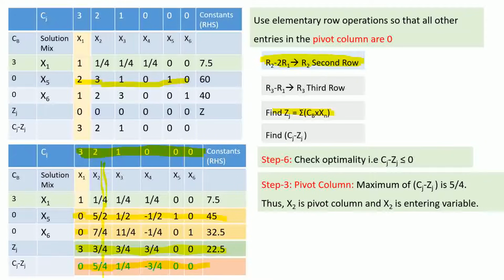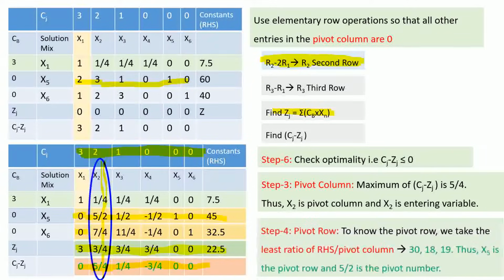The next step is to determine the pivot row. As you remember, the pivot row is determined by dividing the right hand side by the corresponding pivot column.